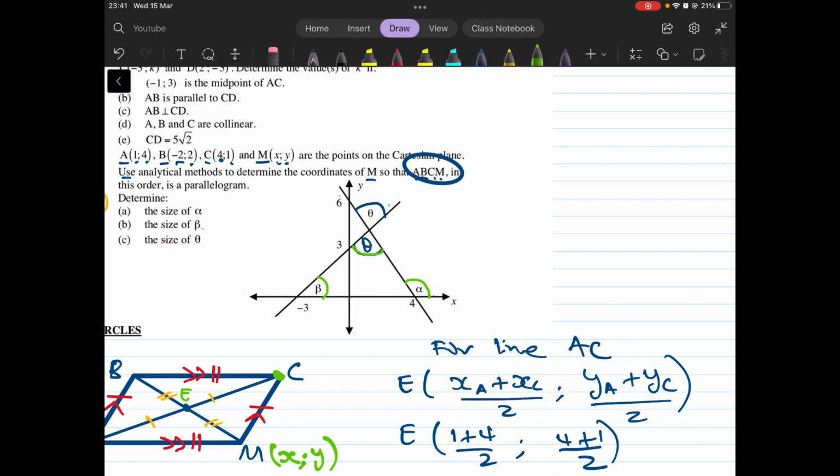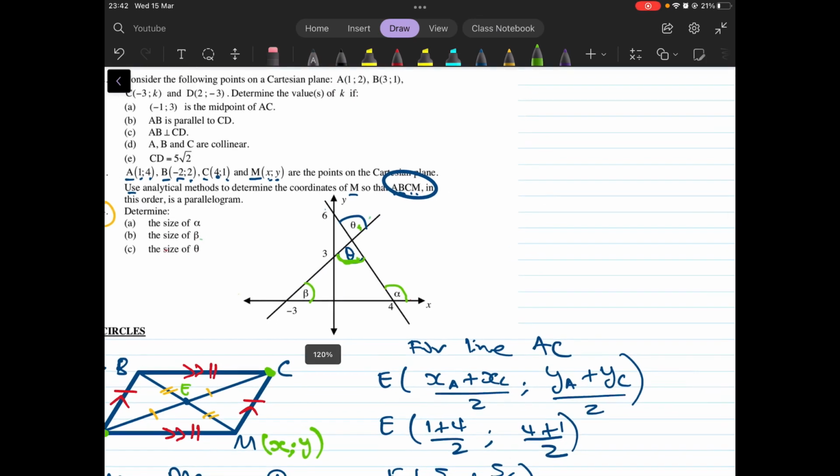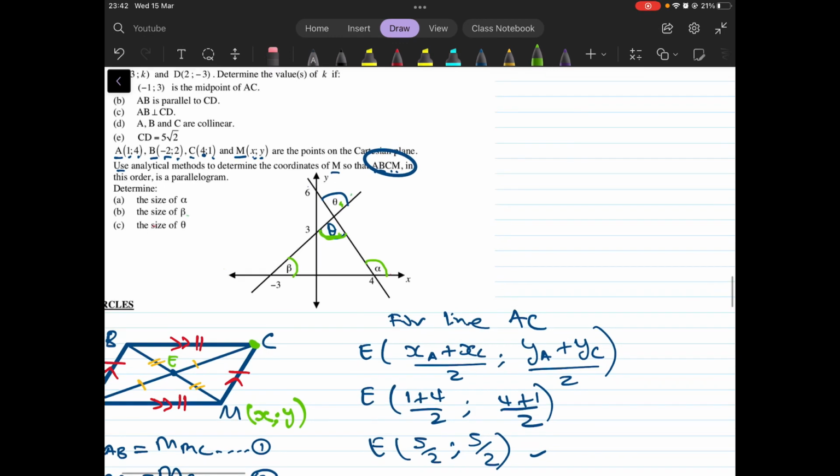That's also the reason that theta is equal to that theta, because of vertically opposite angles.